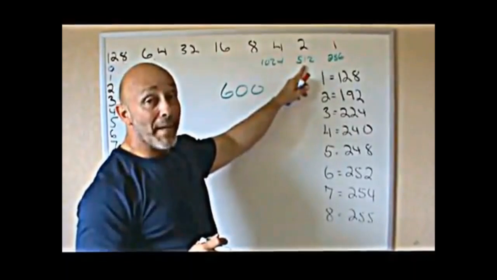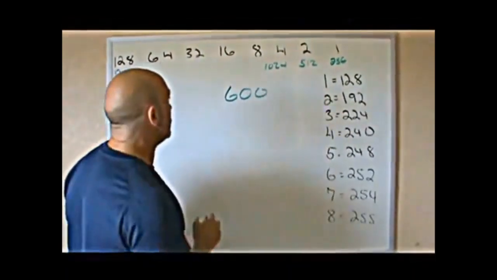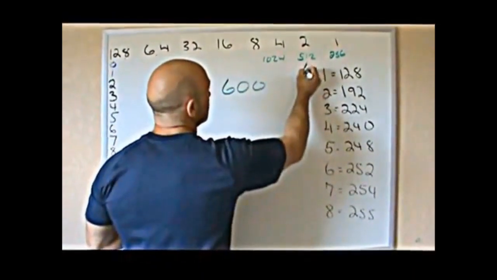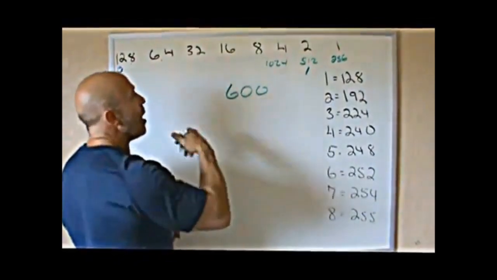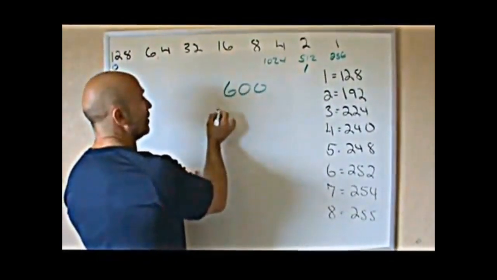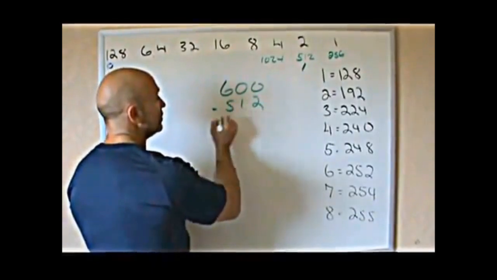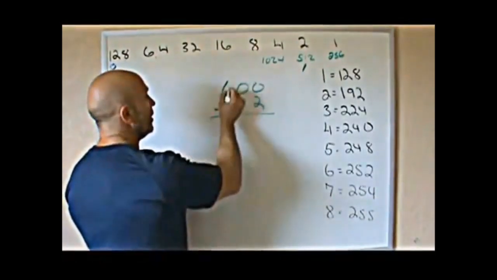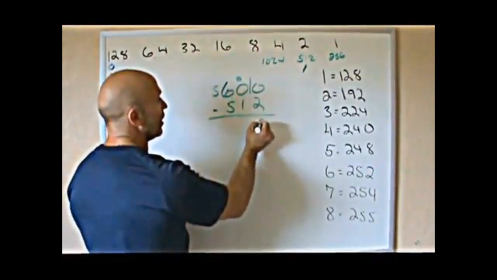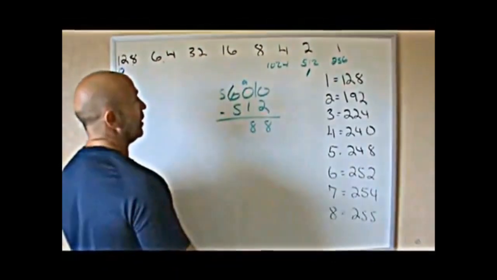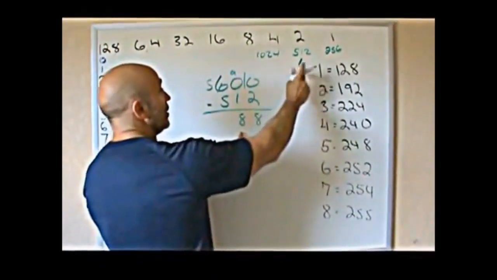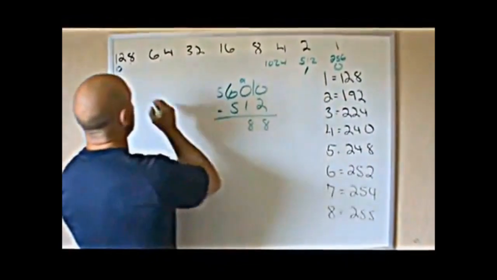So the bit value of 512 needs to be on. How many more do I need? Let's use a little different method. Let me subtract 512 from 600. I need 88 more. So this one's on, this one's off, too much.